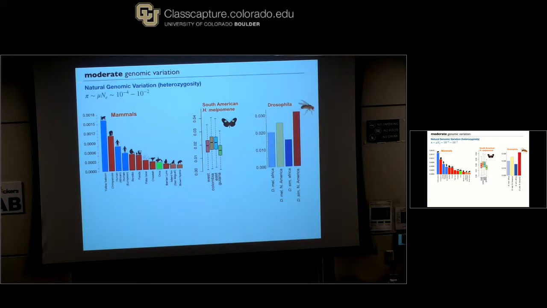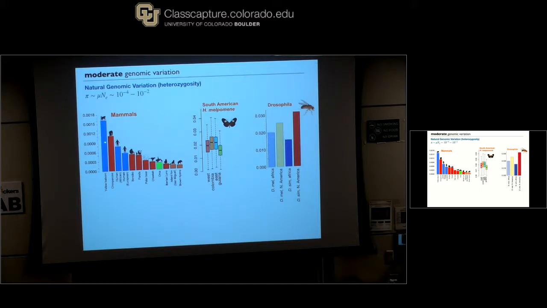We looked at these numbers the first day and also partly yesterday: how much circulating variance you have in different populations. This is an example of a bunch of populations.